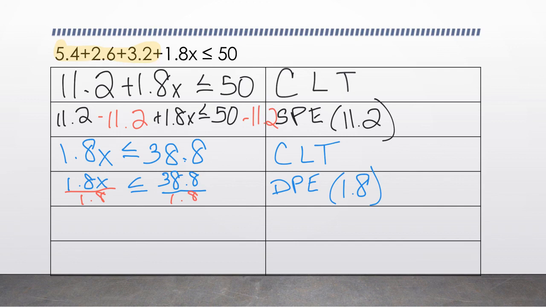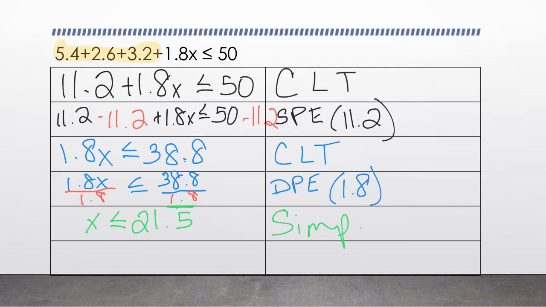When I simplify this, I get x must be less than or equal to 21.5 repeating. Remember that repeat bar over top just says that the 5 keeps going on forever.